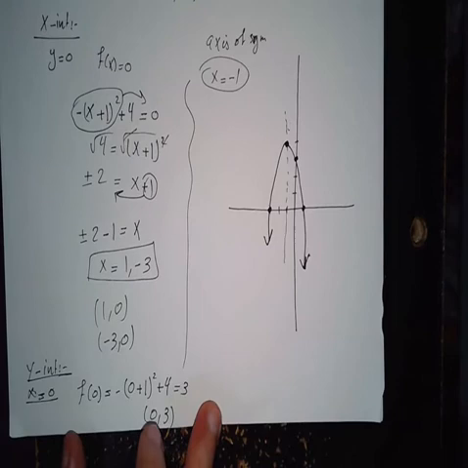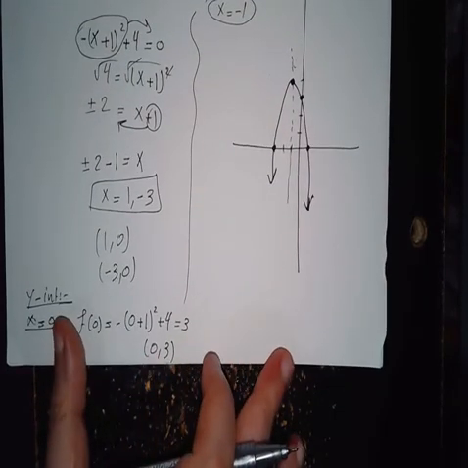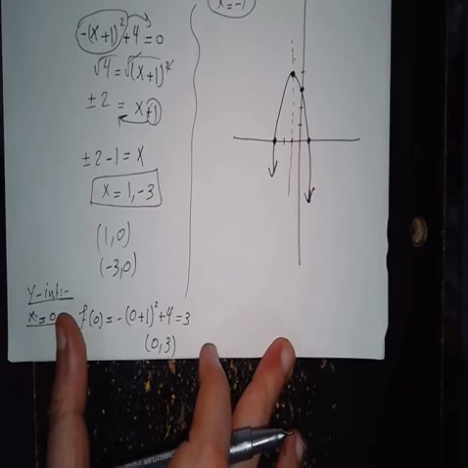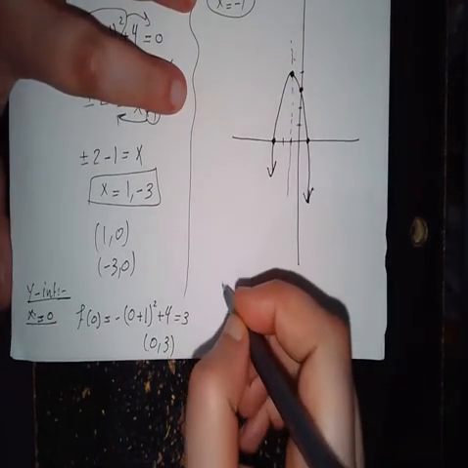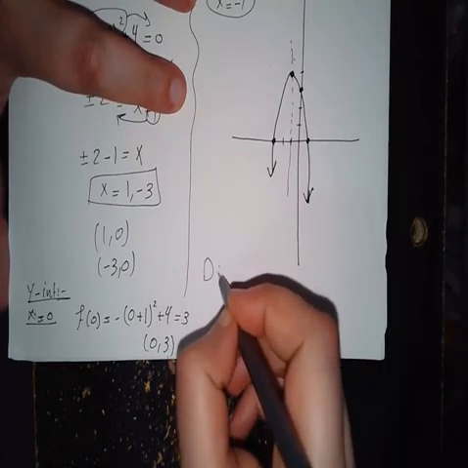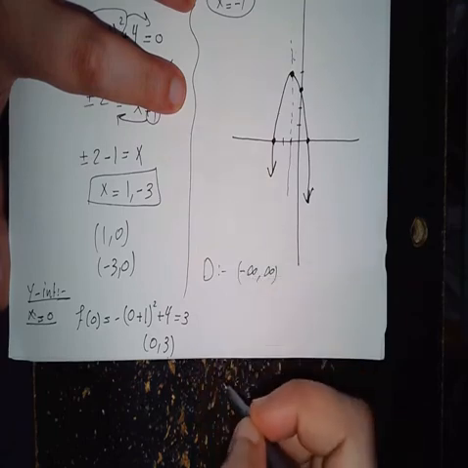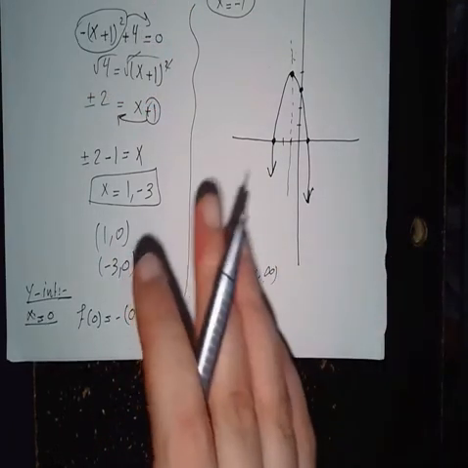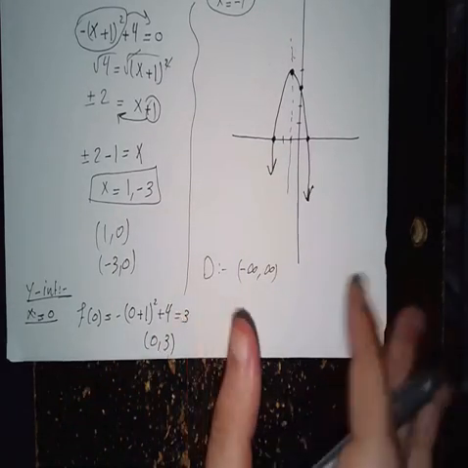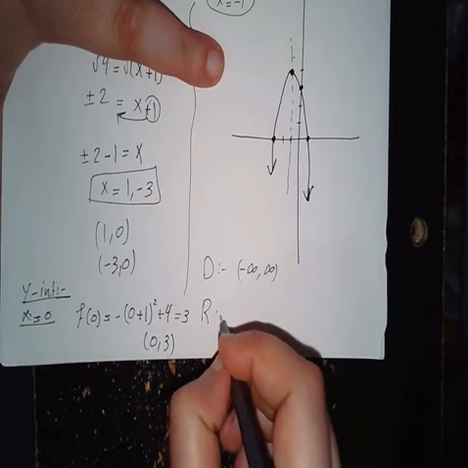Now, out of curiosity, do you guys know what the domain and range of a polynomial function is? I mentioned it multiple times before, right? Domain is always what? Negative infinity to positive infinity. All real numbers. Always. Any polynomial is always all real numbers. The range, though, does differ. So what about the range?